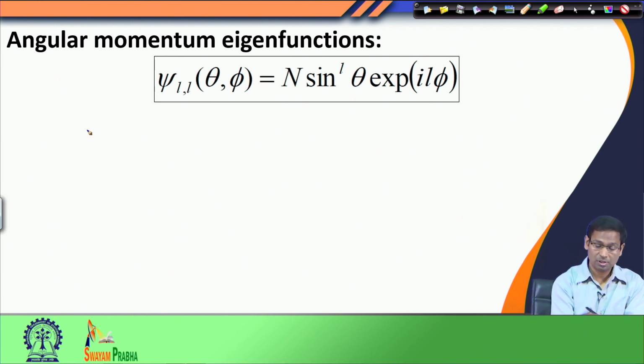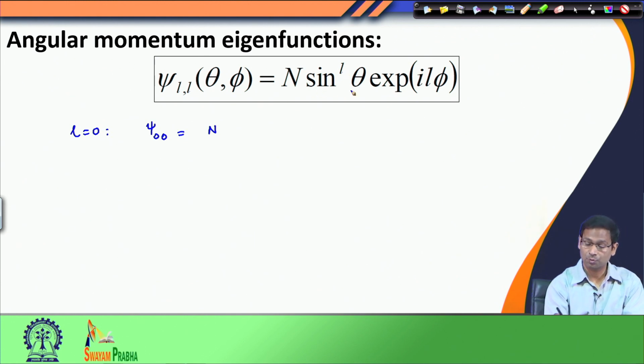So, when L equals 0, ψ_00 becomes N sine to the power 0 θ. So, this is 1, e to the power i L φ, L is 0, so this is 1. So, ψ_00 is simply N. What is N? N is a constant. How do we determine that? We have to normalize this.